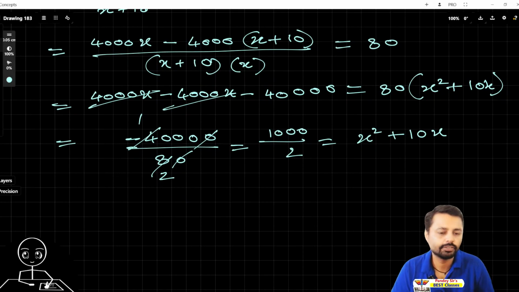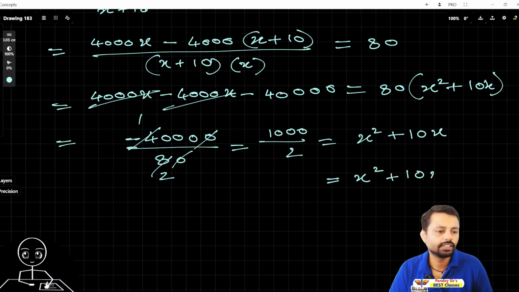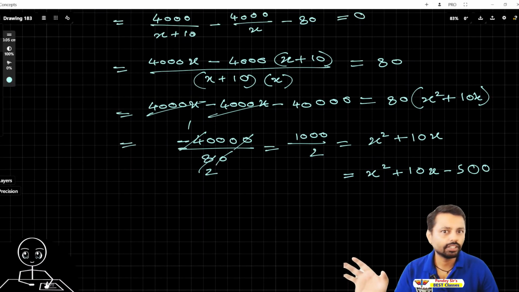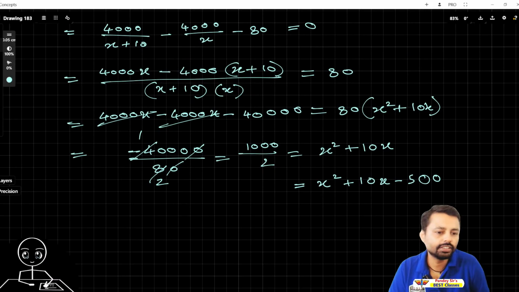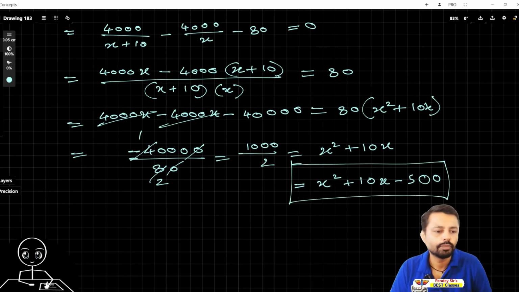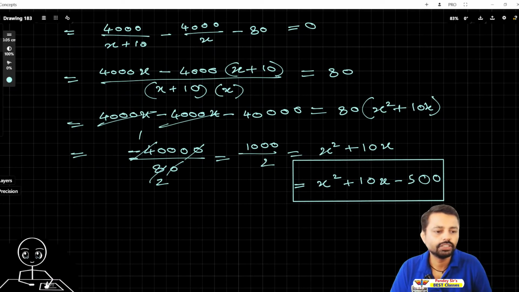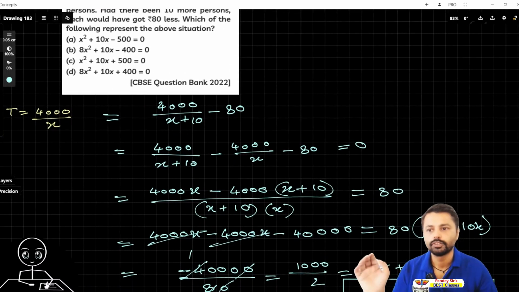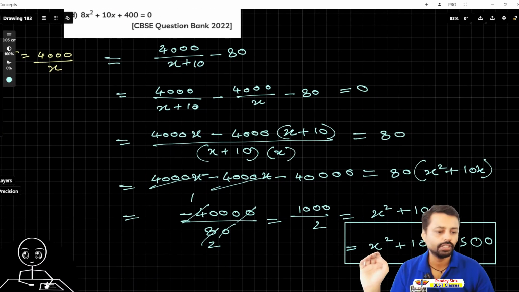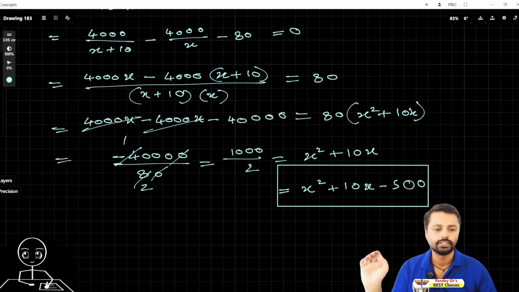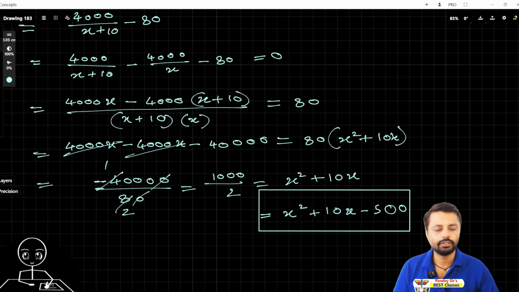How? See here, x square plus 10x, and guess what, this will become 500 minus 500. Now do we have a similar option like this, x square plus 10x minus 500? Which one is that? That's the correct answer. So x square plus 10x, this one I will bring it ahead so that you can check for yourself.